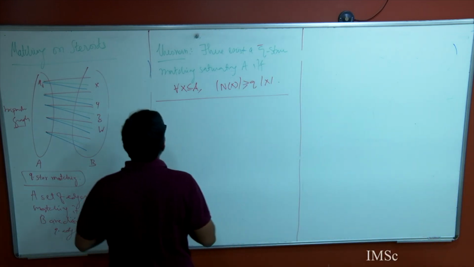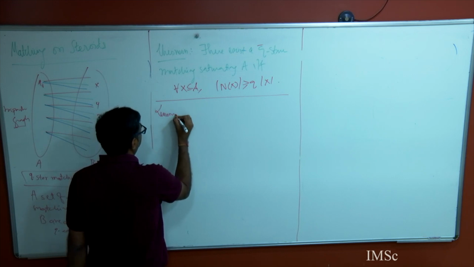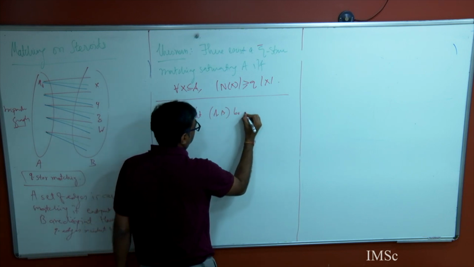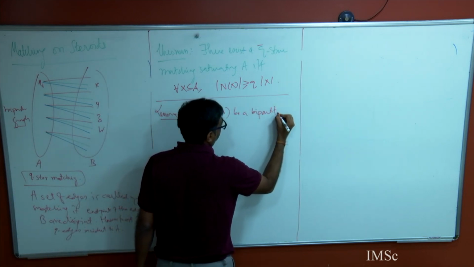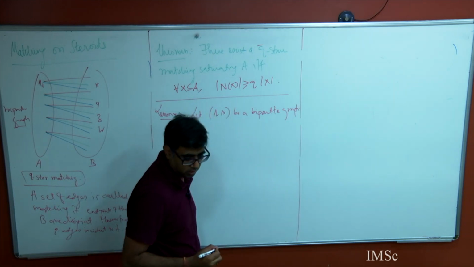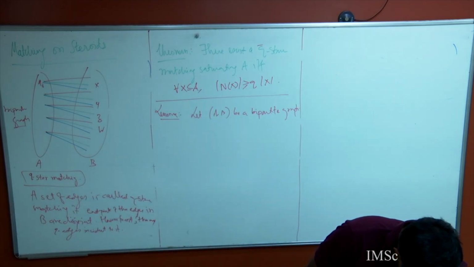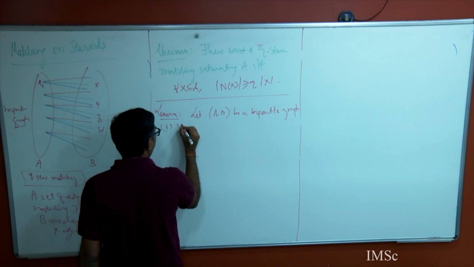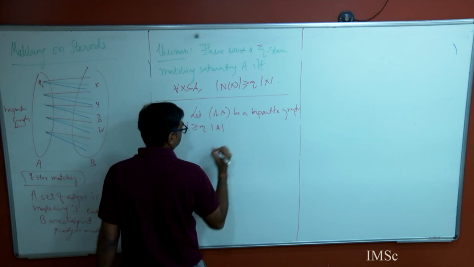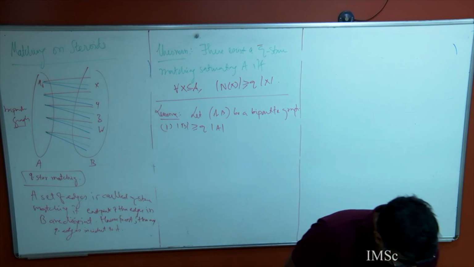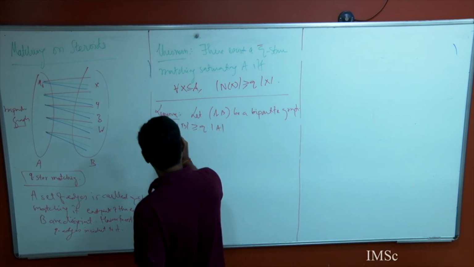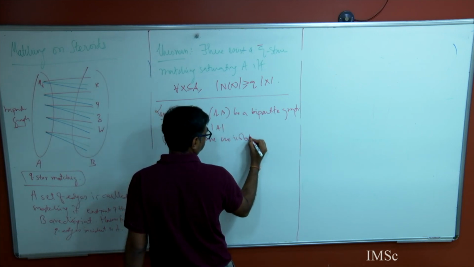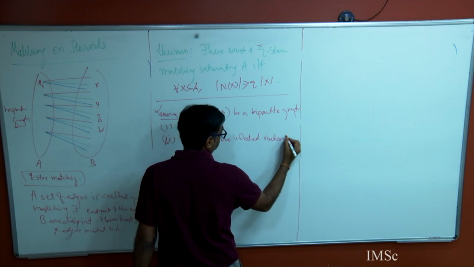So this is a theorem which we proved. Here is a lemma. What it says: let A, B be a bipartite graph such that, first, the cardinality of B is at least Q times A. Second, there are no isolated vertices in B. We also needed this for matching.